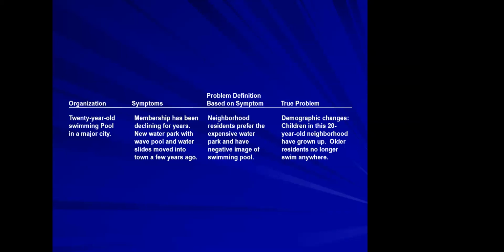But your assumption was that the new water park is the reason you are not getting membership. So when you are trying to identify a problem, you must do some preliminary research to define the problem itself. Without any pilot research, you would have concluded that the problem is that the water park has so many other facilities, and that is why people are moving to it instead of this swimming pool. But the reality is this.